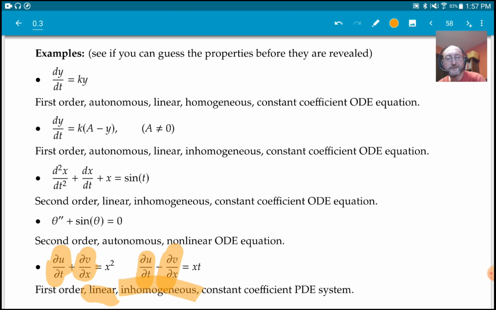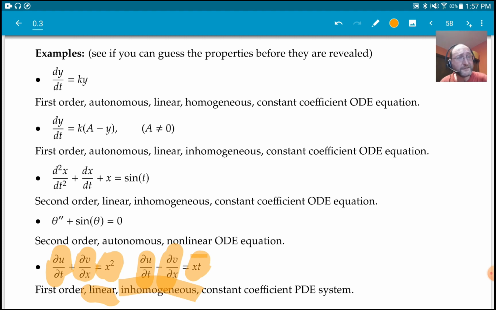It's inhomogeneous, well, because you have things that don't depend on the dependent variables, right? And it's not autonomous, right?